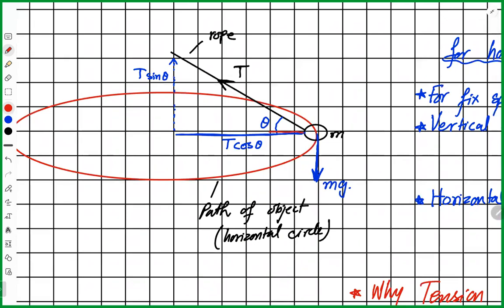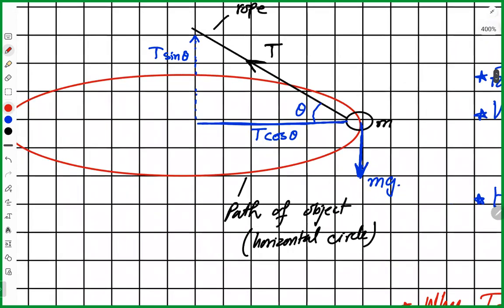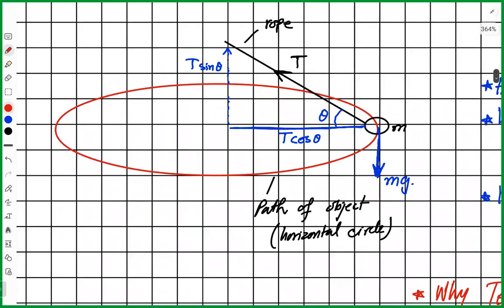Why can the tension not be like this? And the answer is, no matter how fast we make it move, there must be a component of tension that has to overcome weight. It is only true for something that has no mass. You can make something with no mass move in a perfect horizontal circle with tension being perfectly horizontal. But if something has any mass whatsoever, there must be a component of tension that has to overcome weight.